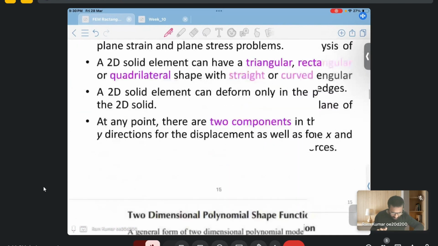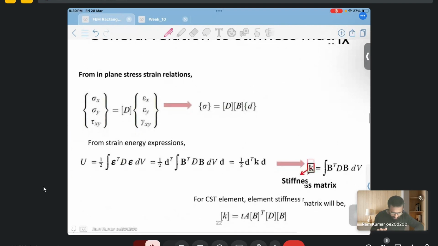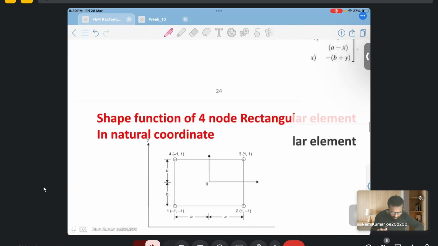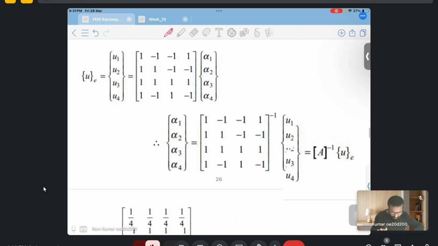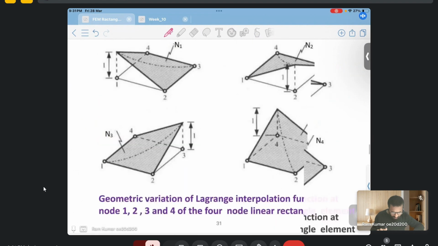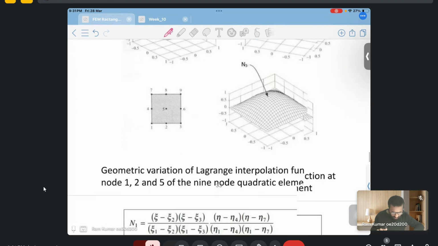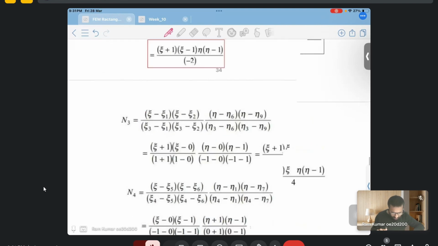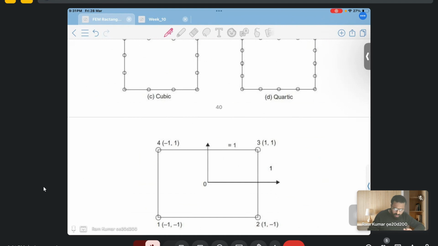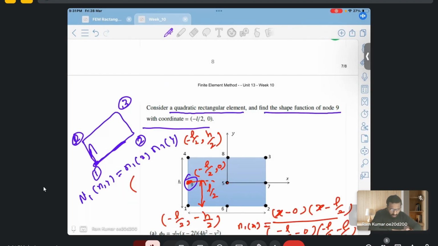This one is done. Parametric, this one also okay. Anything else you want to discuss? Any doubt? No, sir, thank you. I will ask the other people.